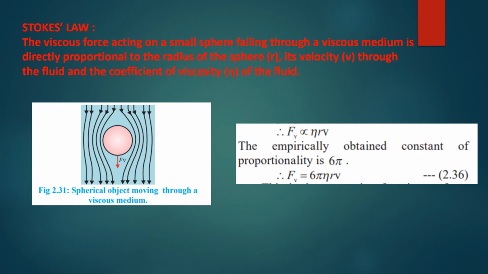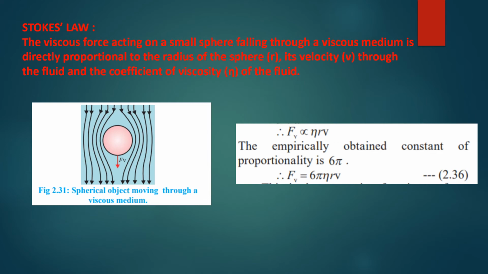As shown in the figure, let us consider a spherical object which is thrown in the upward direction in a viscous medium. The motion of the object will be opposed by the viscous force, and that viscous force will be directly proportional to the coefficient of viscosity of the medium, the radius of the object, and its velocity.